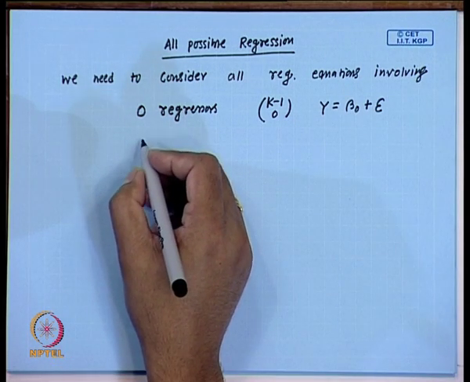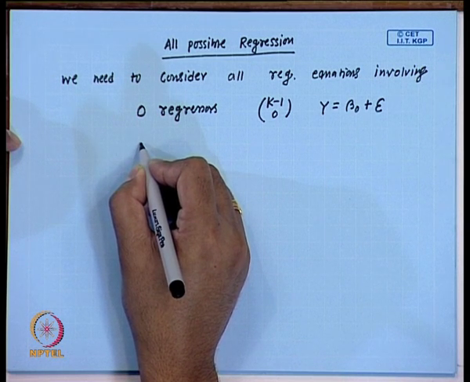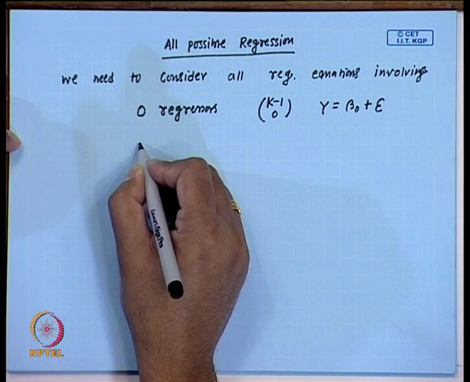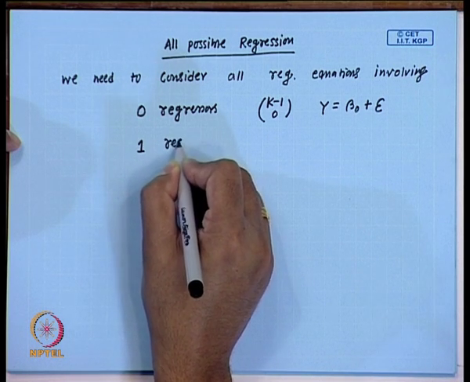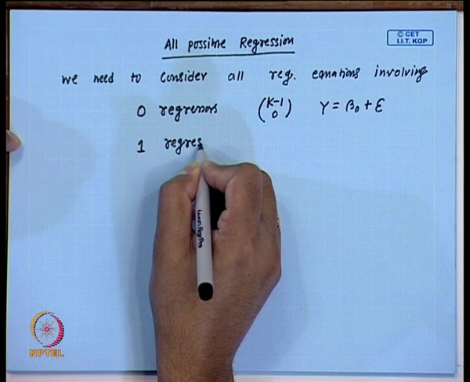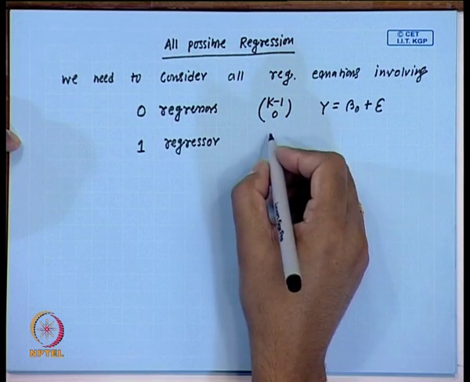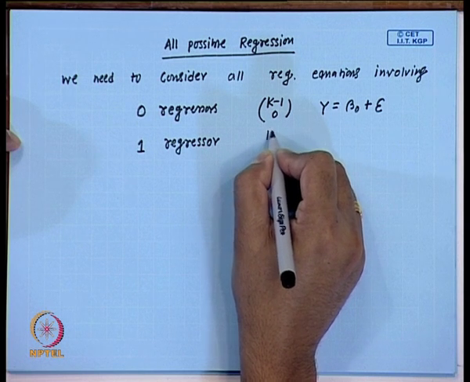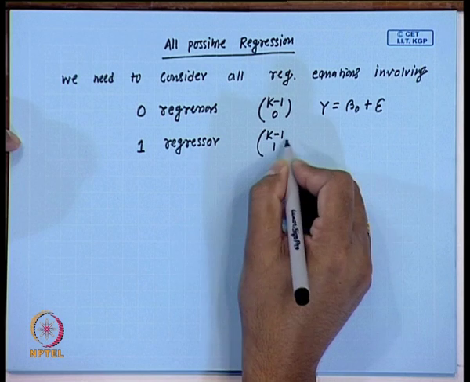We will also consider the regression equations or models involving one regressor, and the number of such models is k minus 1 C 1.